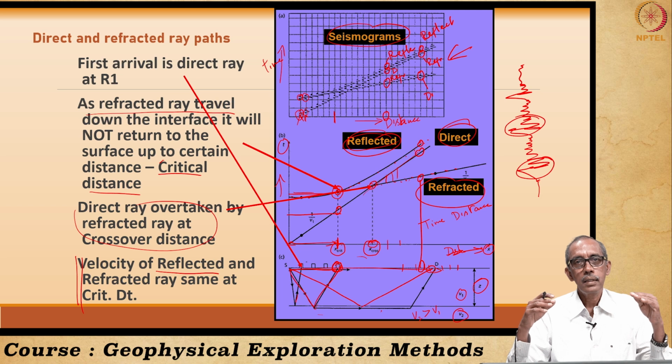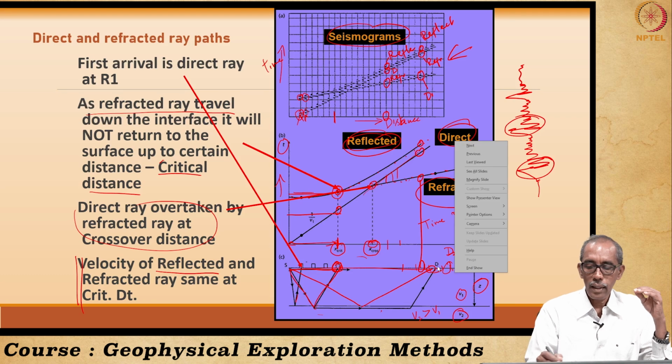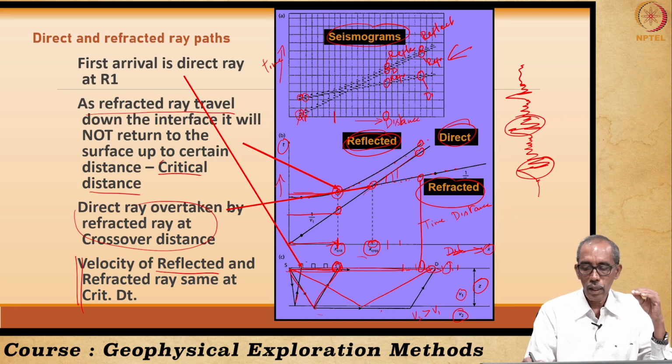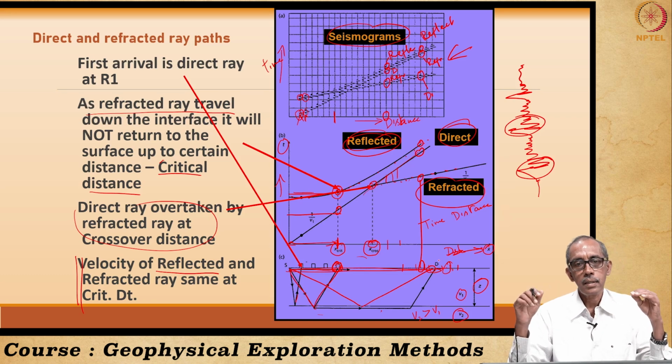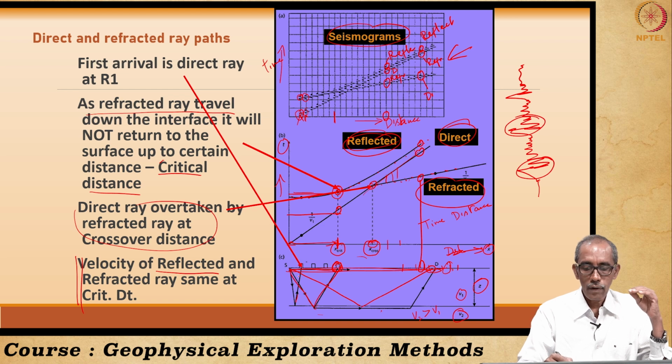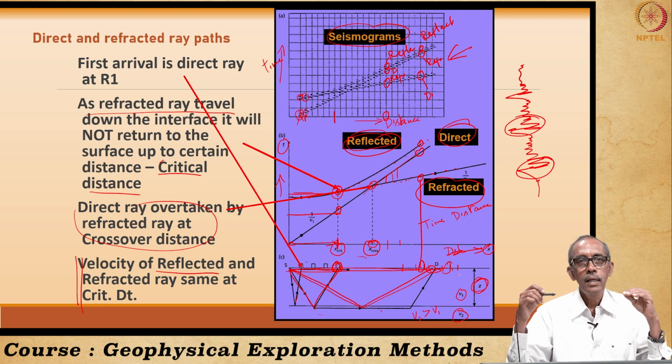Because to reach a geophone which is located at, let us say, 200 meters, the direct seismic wave just travels 200 meters, whereas the reflected signal takes a longer route, and the length of the path it has taken depends on the thickness of the formation.